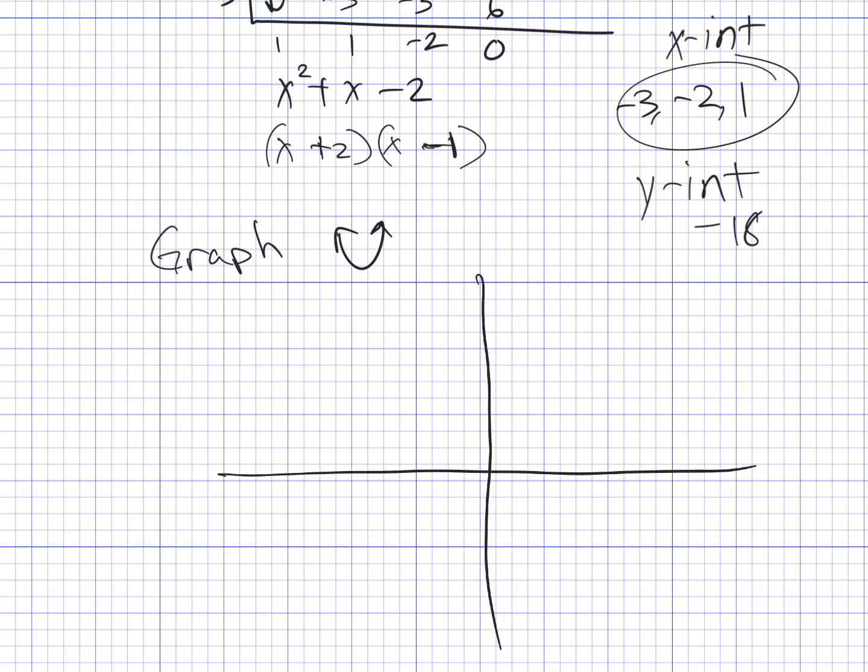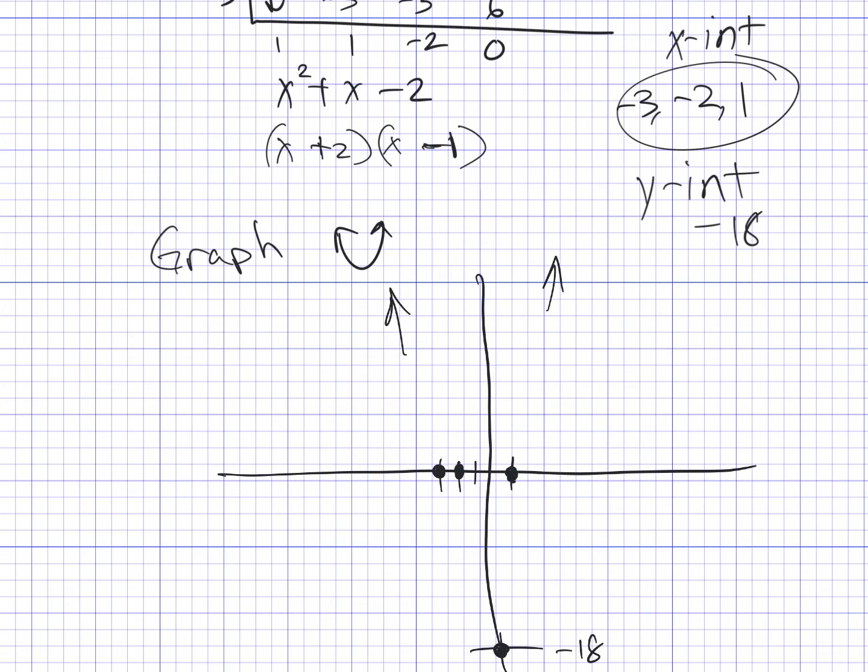We won't be very accurate on this. We have negative 3, and 1, 2, 3. We have a negative 2, and a positive 1, and a y-intercept of negative 18 down here. So here's our end behavior. At negative 3, what are we doing? Going through?